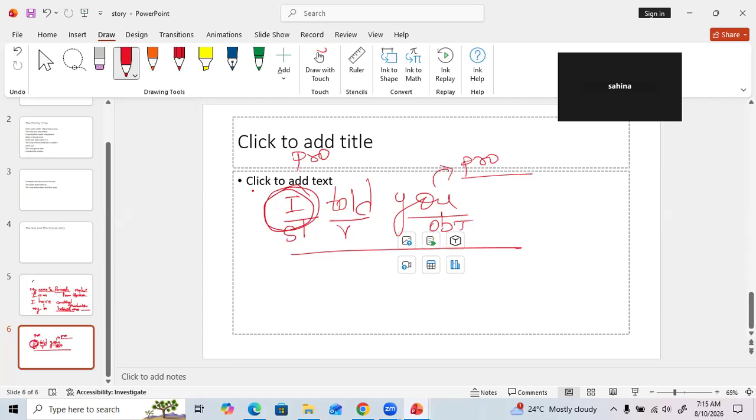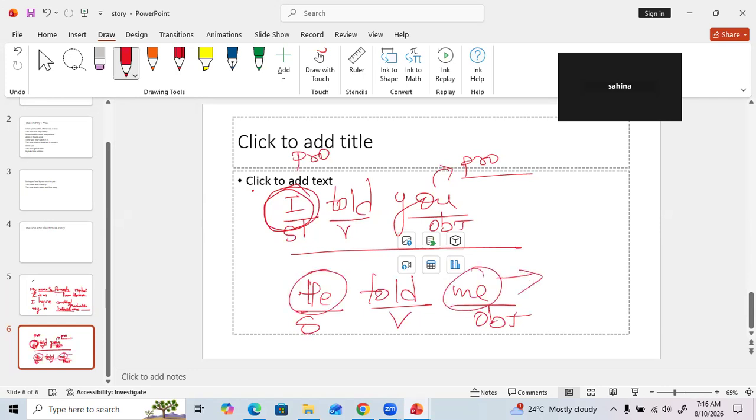In the same way, if I say I told you, the same way he told me. So here, subject, verb and object. Fine. Now, if you could see, object is me.